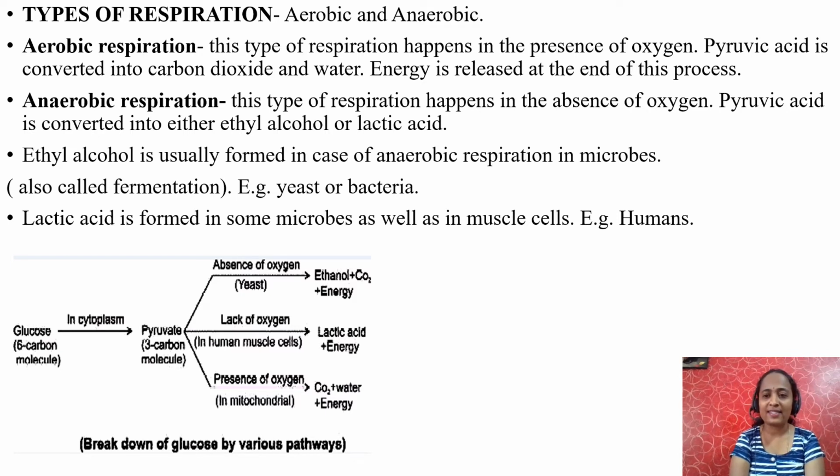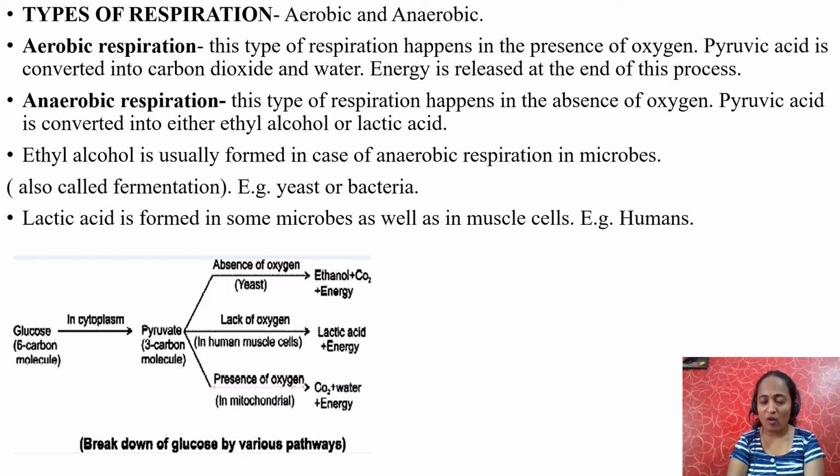Now, lactic acid. I told you already, during anaerobic respiration, the pyruvic acid may yield either ethyl alcohol or lactic acid. In which type of organisms is ethyl alcohol produced? Microbes, that is bacteria and fungi. What about lactic acid? Lactic acid production takes place in plants and humans or animals. I will tell you how it is. In humans, if you run faster, if you do more physical exercises, what will happen?